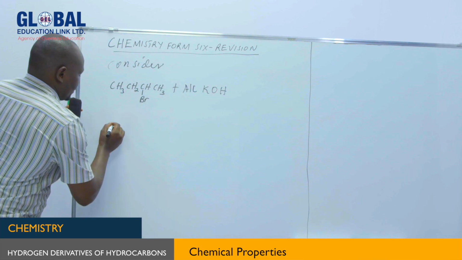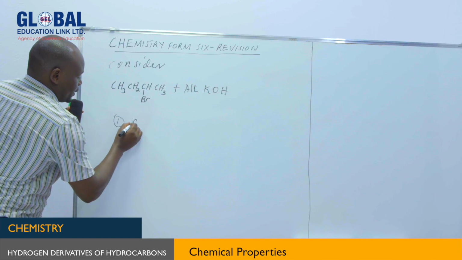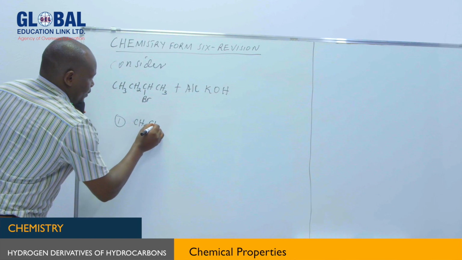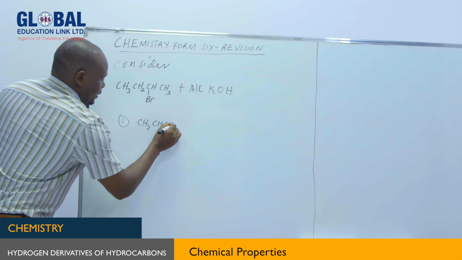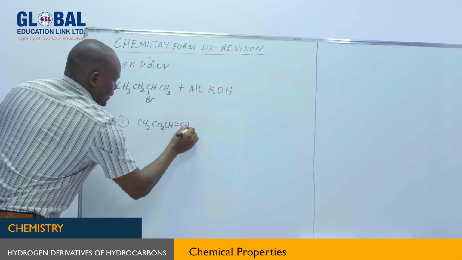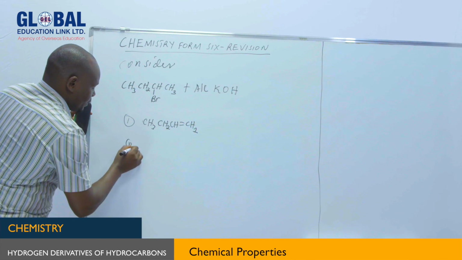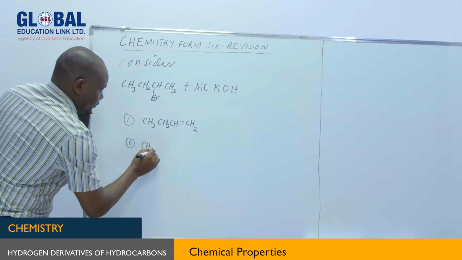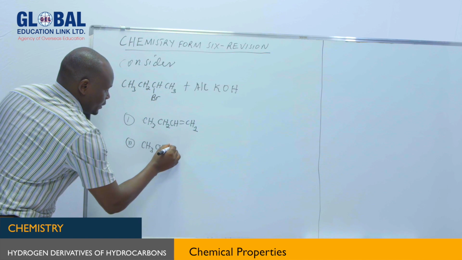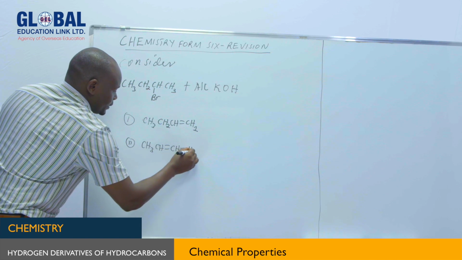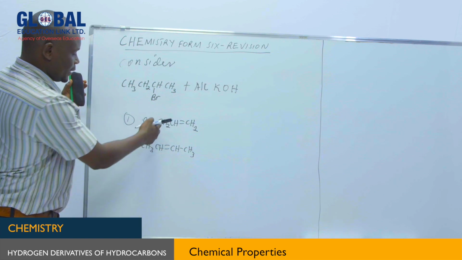So the first product will be CH3, CH2, CH, then you will have the double bond at this carbon. And the second product will be CH3, CH, double bond CH, then CH3. So these are the two products.